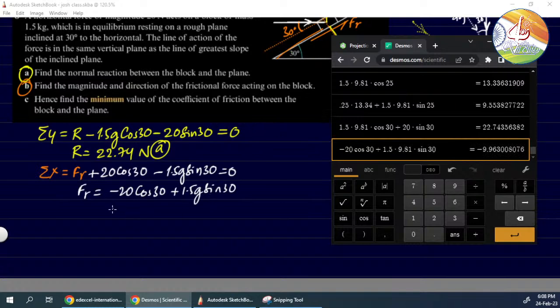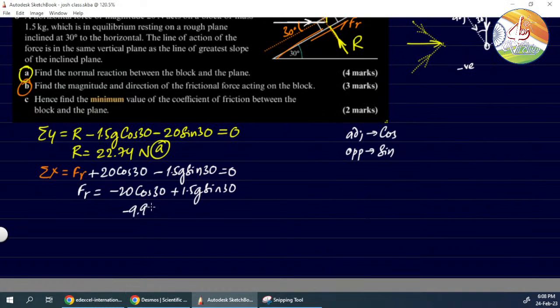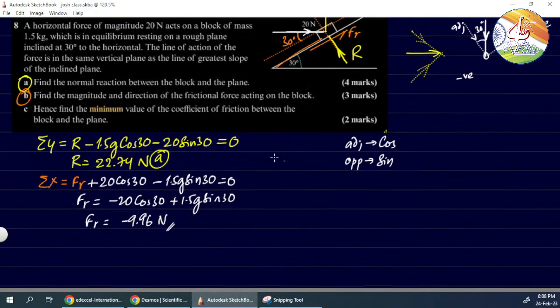So we are getting minus 9.96. So friction force is minus 9.96 newtons. So magnitude is 9.96 newtons and it's acting in negative x direction.